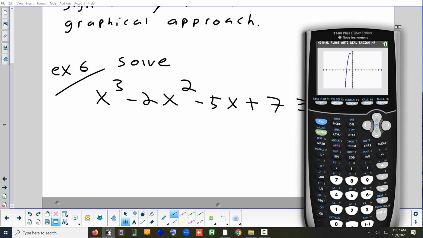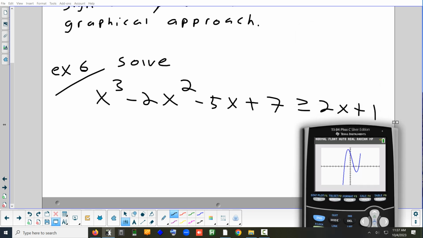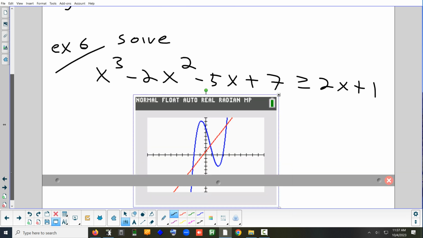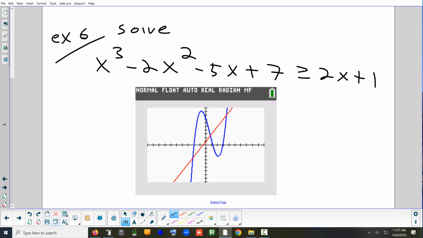So the one on the left is going to be the one that curves. The one on the right is going to be a line, y equals mx plus b. So they want to know where, just to kind of color code it here, this is the blue one. That's the red one.